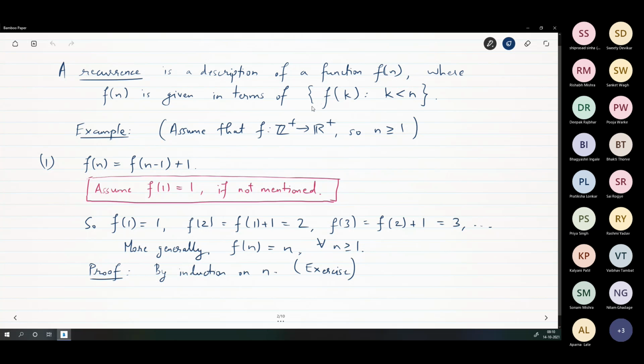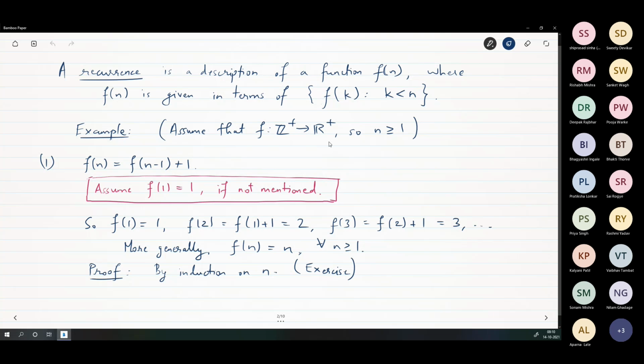All those terms need not appear. f of n could be just f of n minus 1 plus something. But at most these function values between f of 1 and f of n minus 1 will be used to describe f of n. When such a description is given, it is called a recurrence. Henceforth we will only assume that the functions take positive values and not concern ourselves with negative values. There's no need to complicate things. The input n is a positive integer, and the output is always a positive real number.